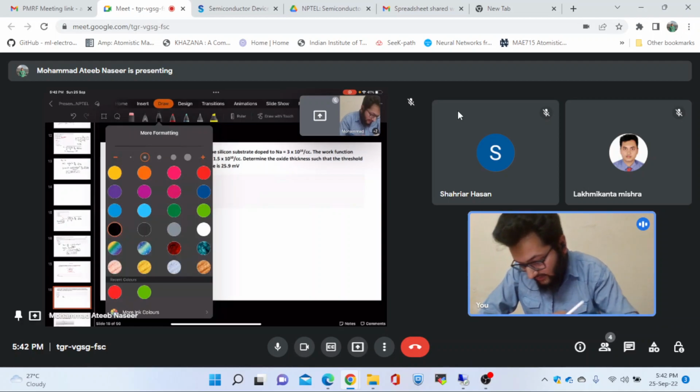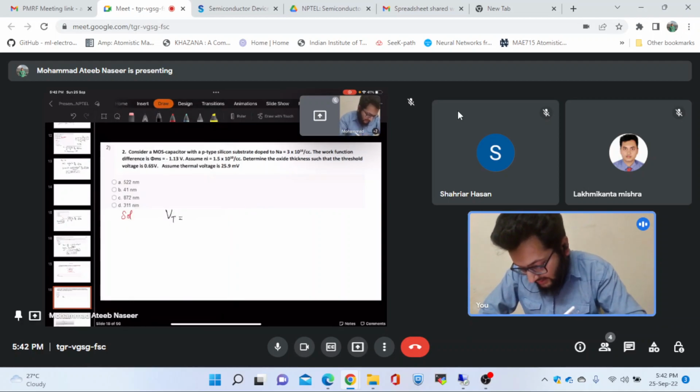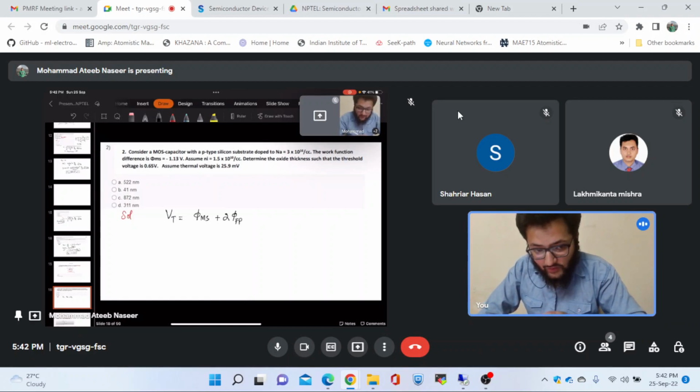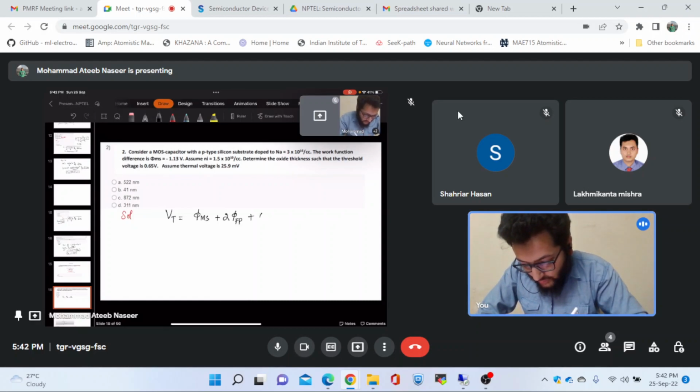Let me write down explicitly the terms, that is phi ms, plus psi s, which in this case is 2 phi p. I have assumed Fermi level pinning over here, plus Q depletion maximum divided by Cox.